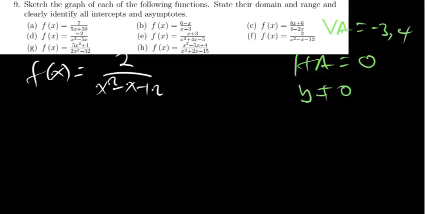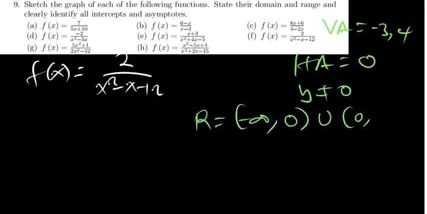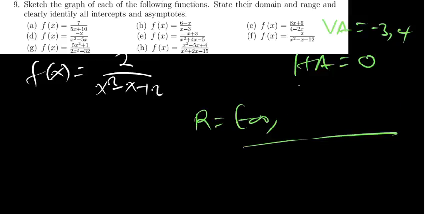The horizontal asymptote is the same as the range, so you just say y is not equal to 0. So our range is -infinity to 0, not included, union 0, not included, to +infinity. That is my range.